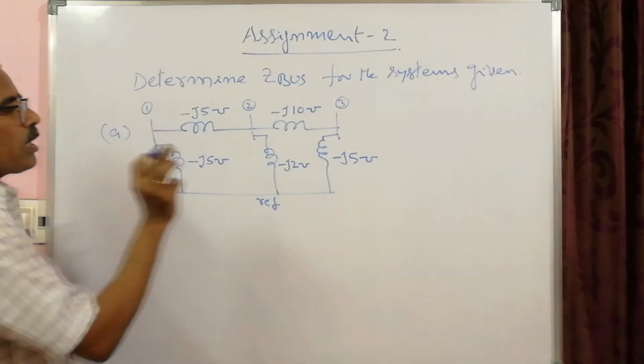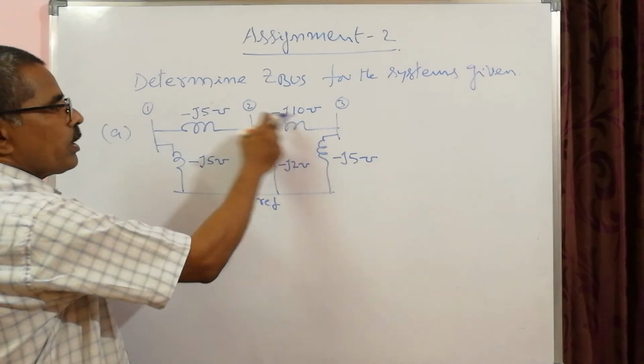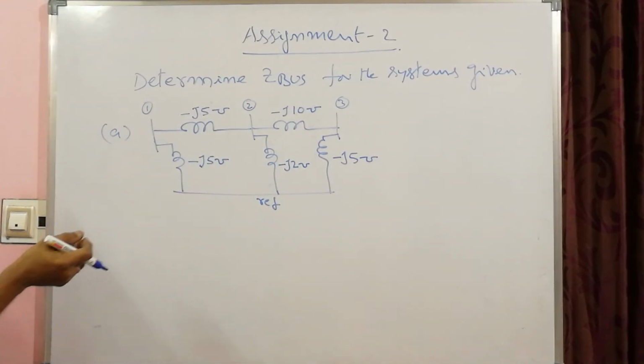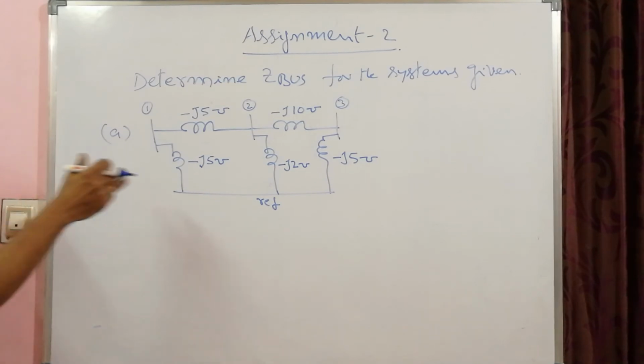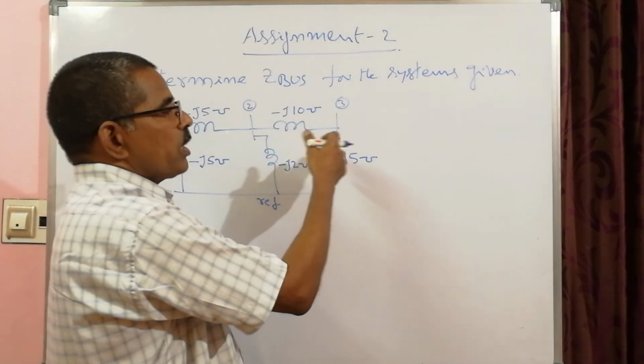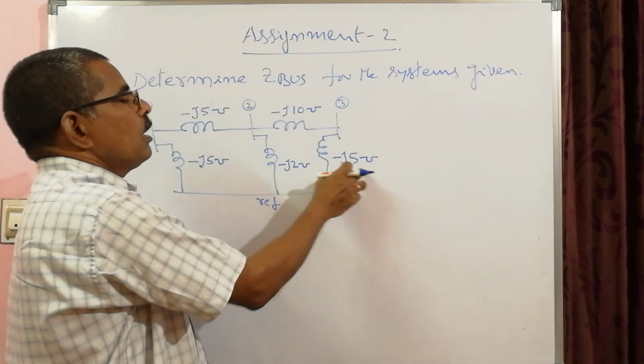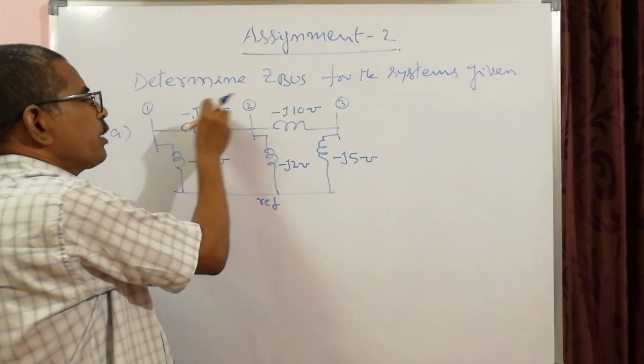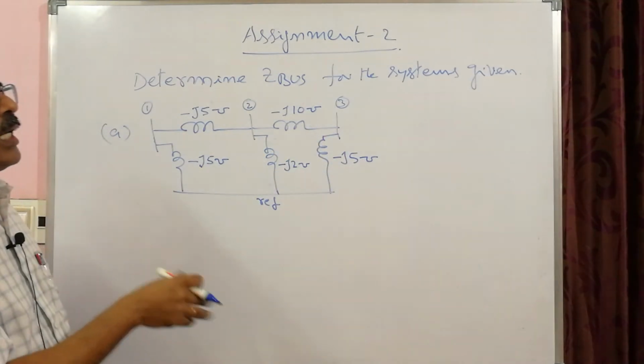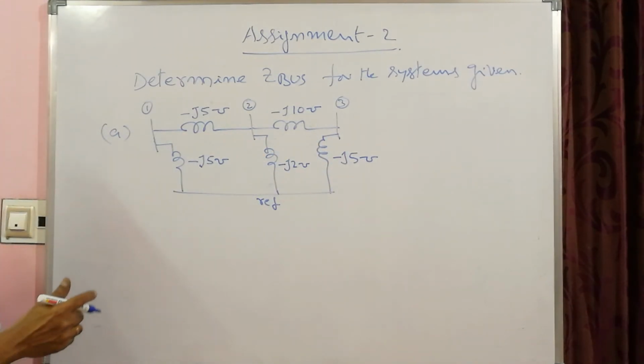So 3 buses and reference. The values given here, they are mhos, admittance values. So please try to observe, don't blindly use them assuming they are impedances. The values given, they are mhos. So you need to take individual reciprocals and form Z bus. Okay.